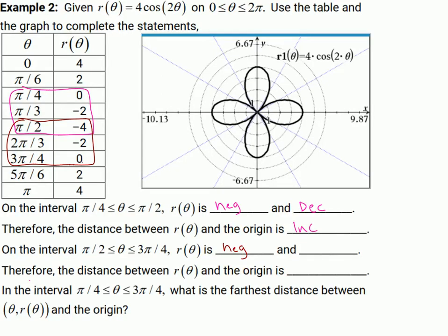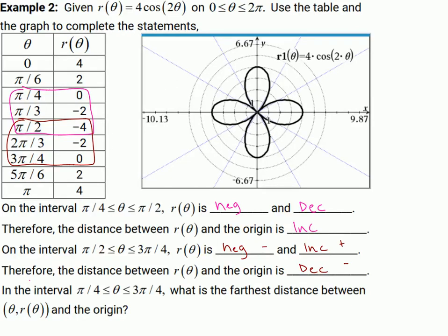Then all of a sudden we're getting to the positives here. So this indicates that these values are actually increasing, right? So negatives here, increasing is like a positive number, and so positive slope, in other words. So the distance between r and the origin is actually going to be decreasing. Again, these are opposites, and so that's what's going to give us a negative at the end. So decreasing distance.